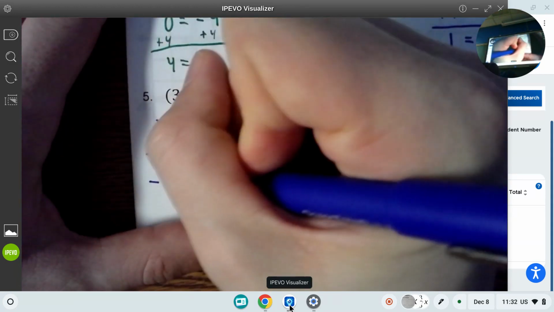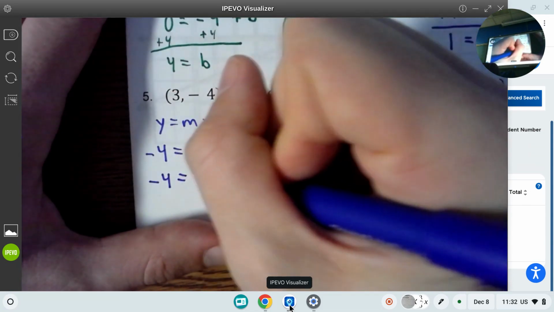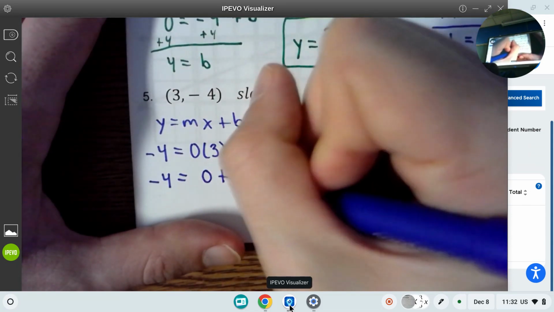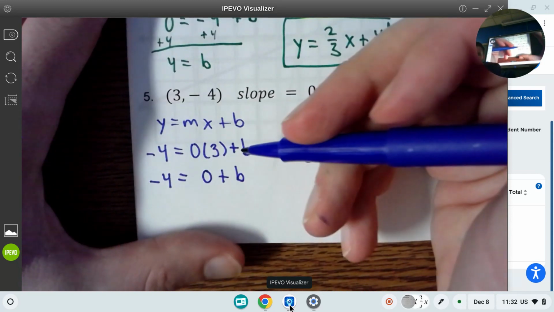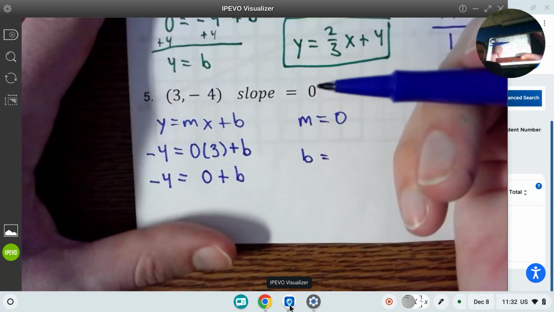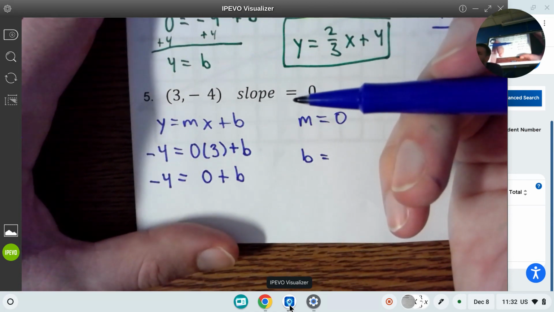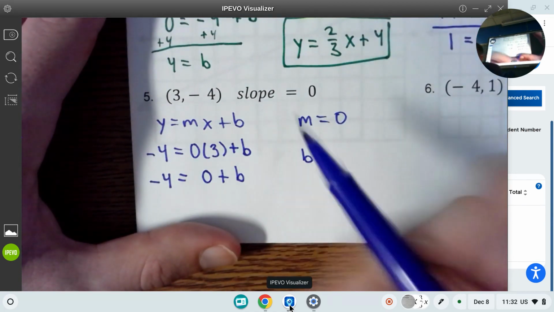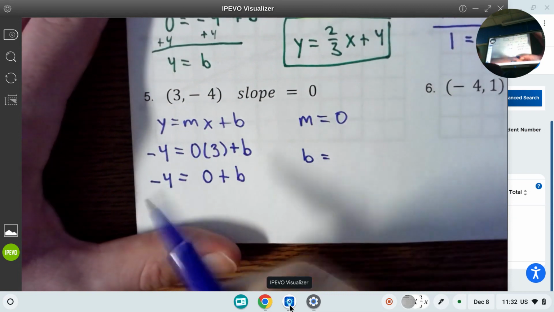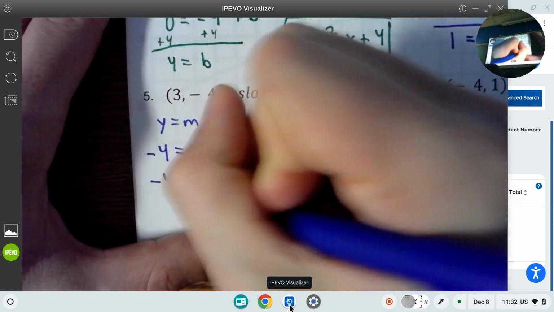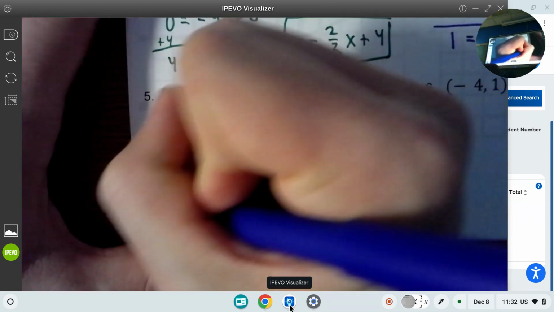What's 0 times 3? 0. Now 0 times 3 is 0, and I guess I'll write it, but do I need to write 0 plus b? Just write b. Definitely don't want to put x. So we could just write a b. You could do a -0, but this is kind of silly.